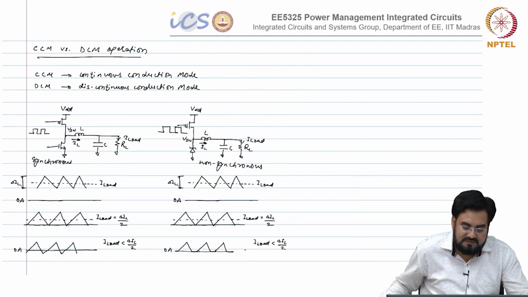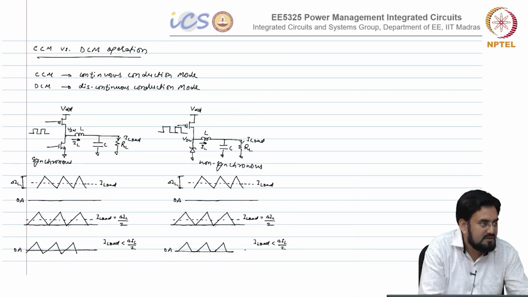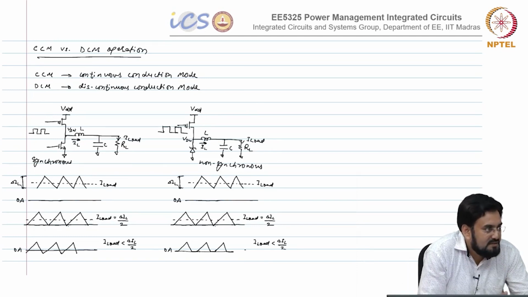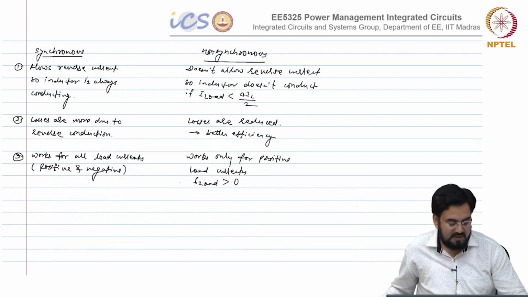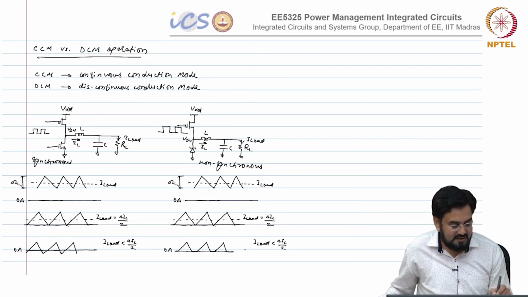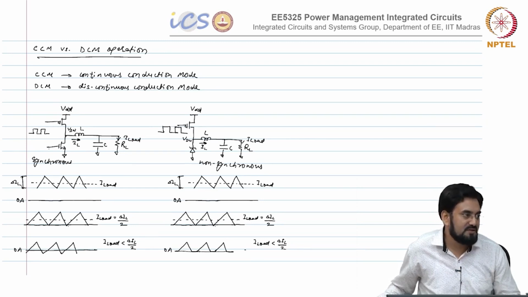Okay. So, if somehow I make this diode with a 0 forward voltage, then I am happy. Then I would prefer this non-synchronous behavior rather than synchronous behavior. So, what we do actually, we implement some logic, and when the current crosses 0 or goes below 0, you turn off the bottom switch.